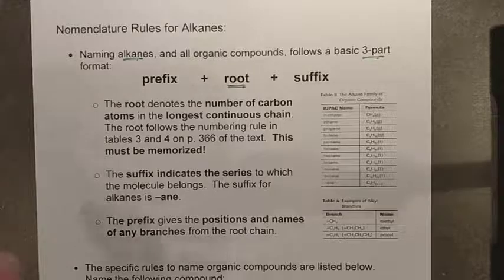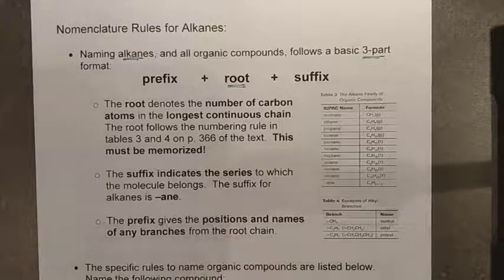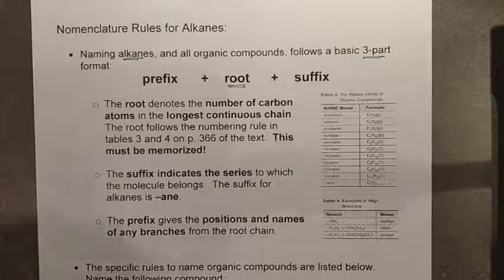This can be a zigzag line, this can be a ring structure, this can follow a path all over the page, but you're going to be looking for the longest continuous chain. For Chemistry 20, we will likely limit these to a maximum of 10 carbons.